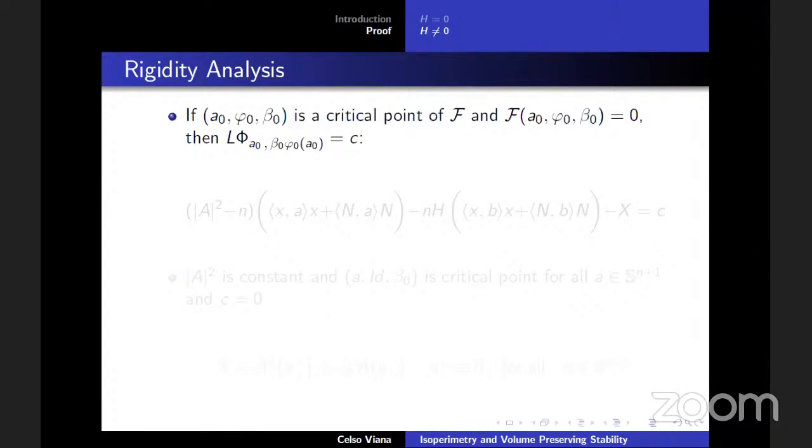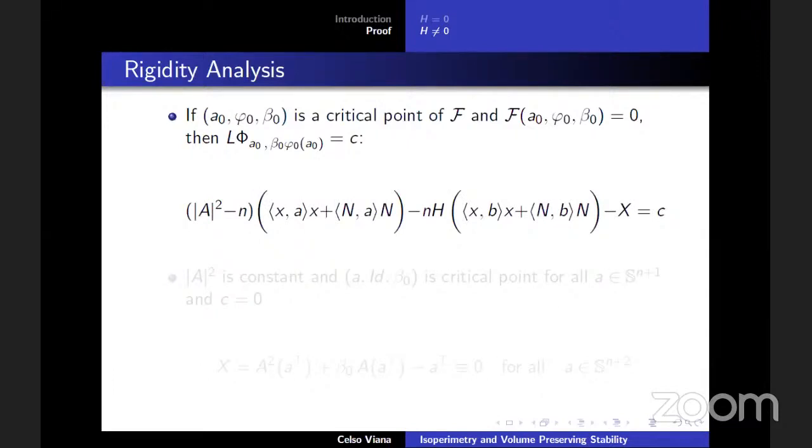The vector C is in principle non-zero because we are considering volume preserving variations, right? Just because of the volume constraints that we are imposing in our problem, okay? But despite that, you can look at the equation, which is given here.